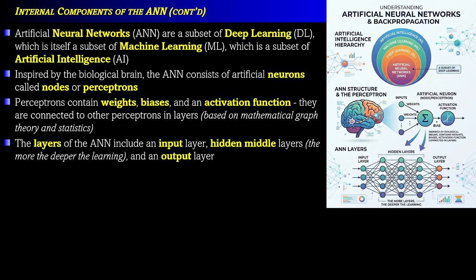The layers of that artificial neural network will include an input layer, many hidden layers. The more hidden, the deeper the learning, hence the term deep learning. And finally, an output layer. From our standpoint as artificial intelligence users, we use something like a prompt in something like Gemini or Claude or ChatGPT.